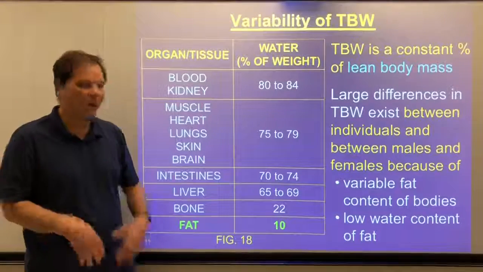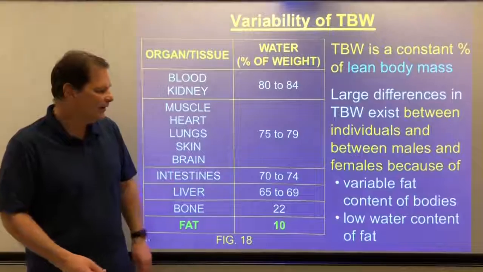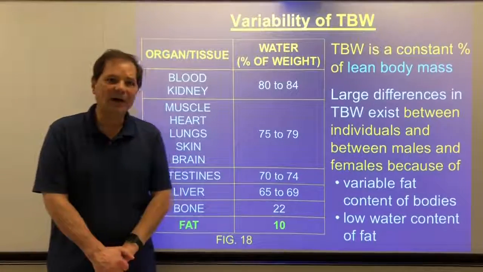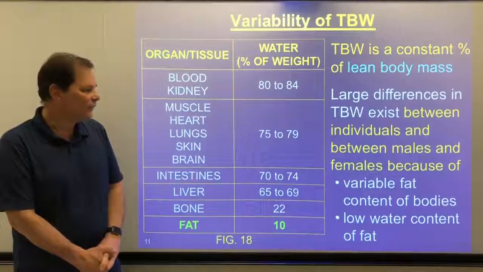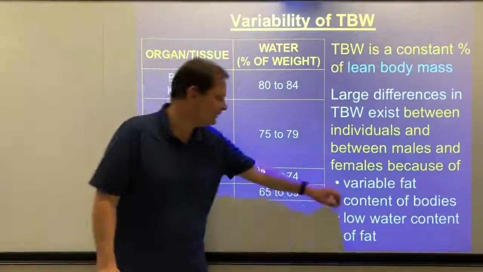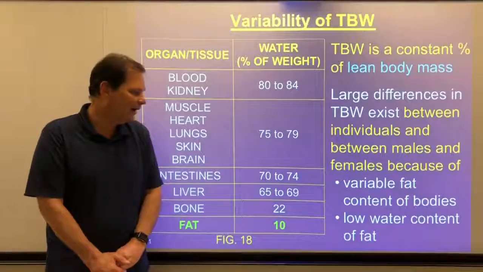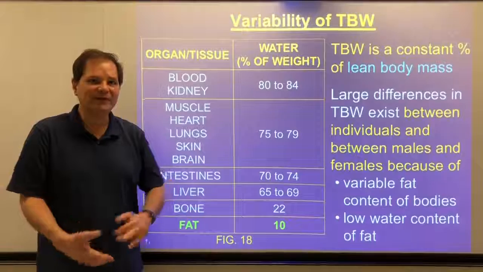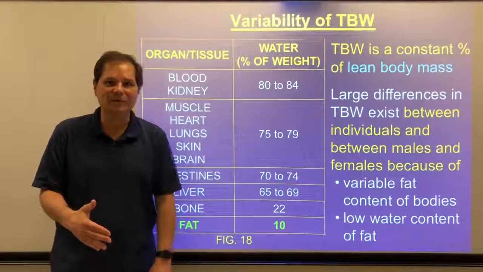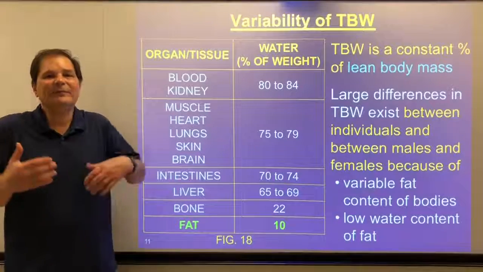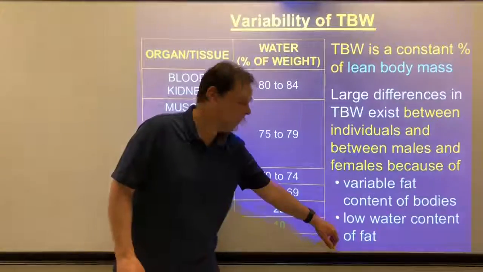And you may wonder, why is the total body water different between men and women? Well, it's because the percentage of the body weight that is fat tends to be variable. And of course, it tends to vary from individual to individual as well. So a person that's very fat is going to have their body water be a lower percentage of their total body weight than a person that's really lean and skinny, because fat has very little water in it.